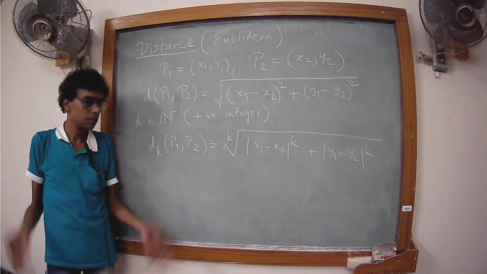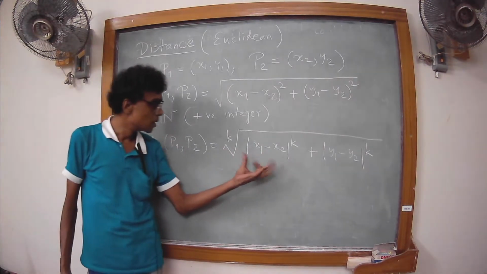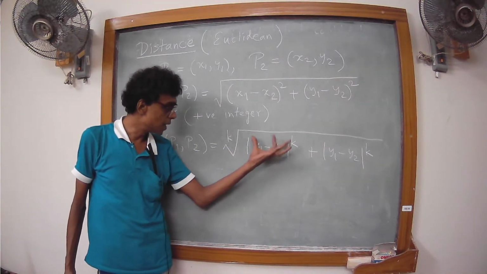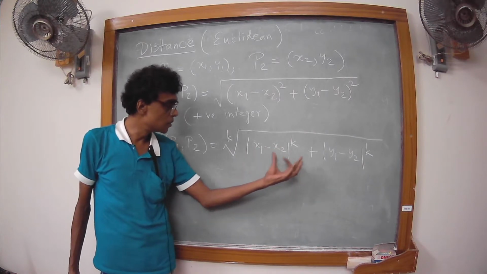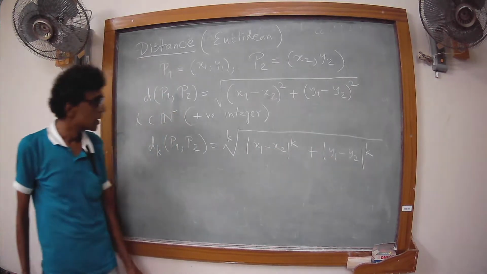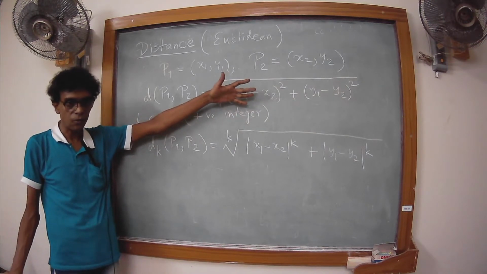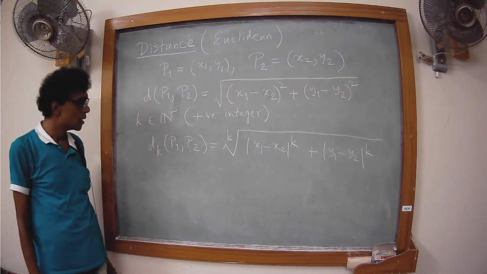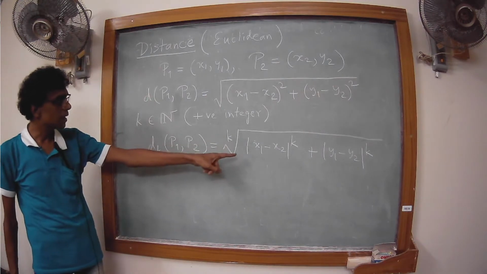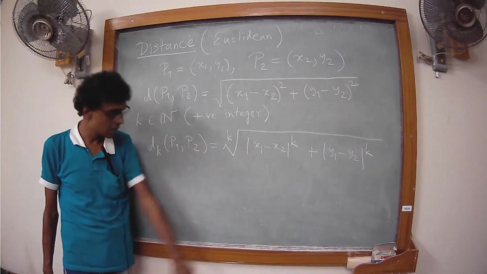Of course, I would make them positive by taking this absolute value. For k equal to 2 I don't need it, because (x1 minus x2) squared or (x2 minus x1) squared are the same thing. But if k is odd, then this matters.